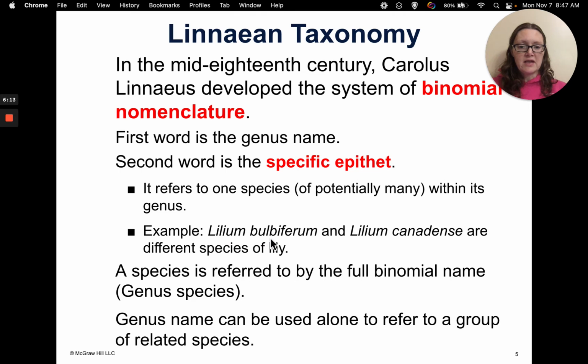So Lilium bulbiferum and Lilium canadense share the same genus, and so that means they are very closely related. They only differ in the species, and so yes, they are different species, but they have a very close ancestor because they share a genus. So it helps, at a glance, to tell what they are and how closely related they are. If they don't share a genus, then they are more distantly related.